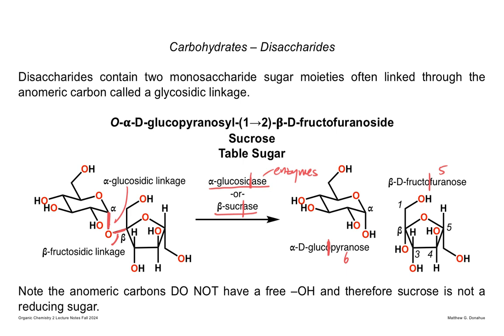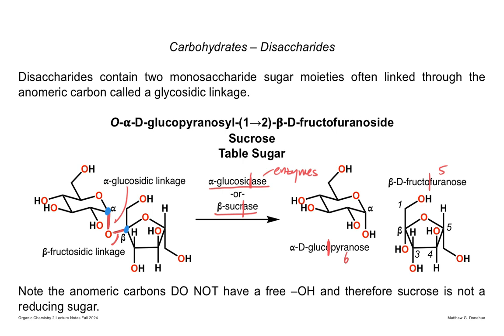One note here: if you look at the anomeric carbons in both, I'll circle those in blue. They're connected through this ether linkage, meaning they don't have an OH group.